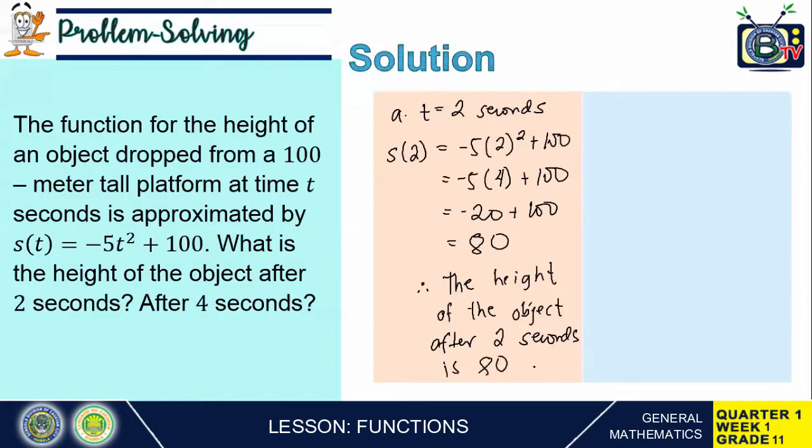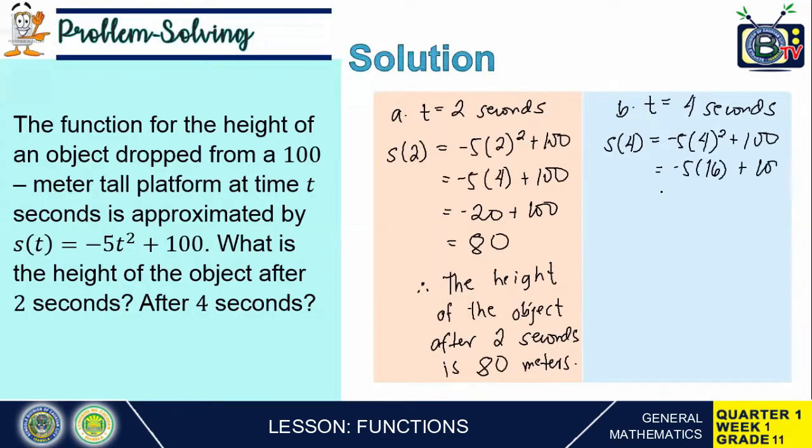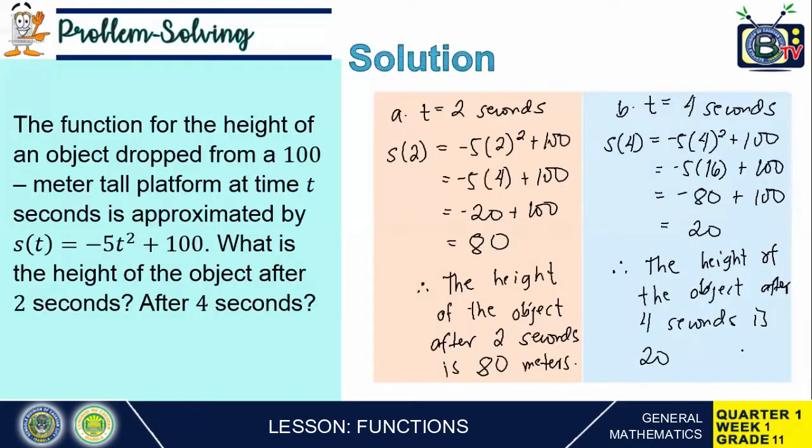Therefore, the height of the object is 80 meters after 2 seconds. On the other hand, if t is equal to 4, s of 4 is equal to negative 5 times 4 squared plus 100. If you are going to simplify it, the result is 20. Therefore, the height of the object is 20 meters only after 4 seconds.